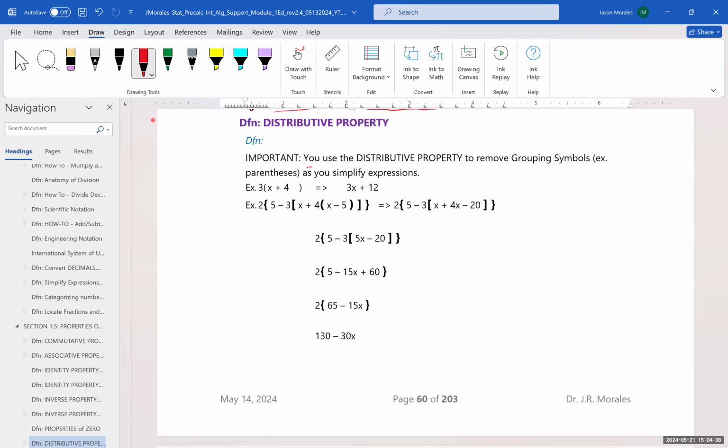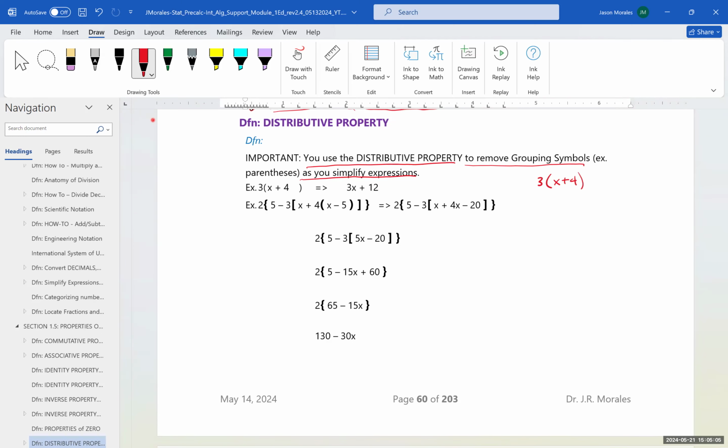One of the uses of the distributive property is to remove grouping symbols, such as parentheses, brackets, and braces. And you use the distributive property to simplify expressions. So one example, let's say you've got 3 times x plus 4.